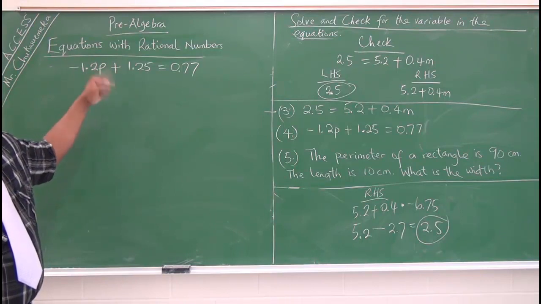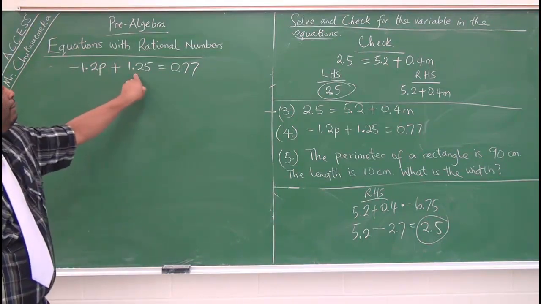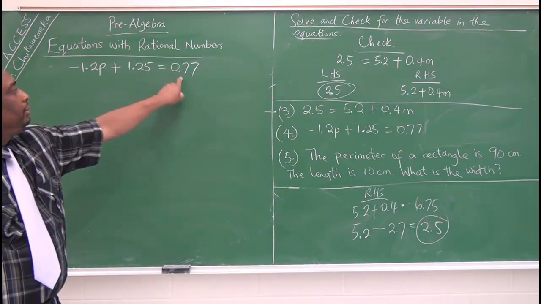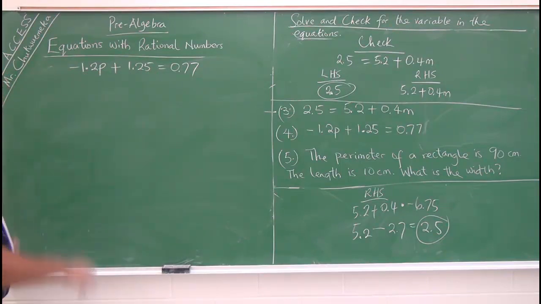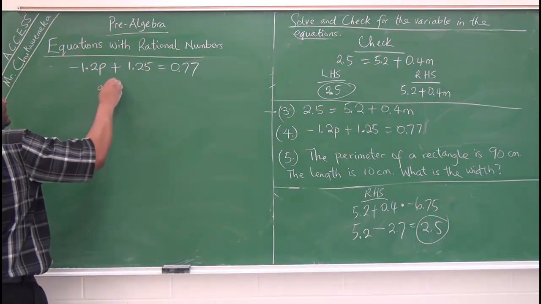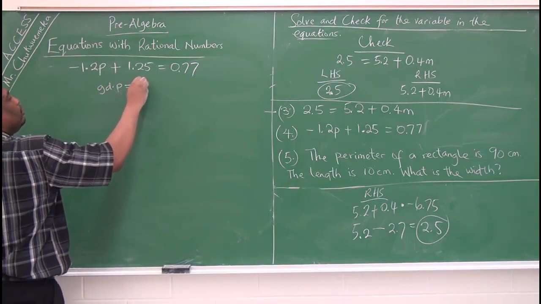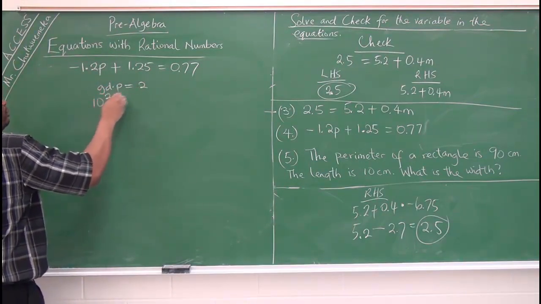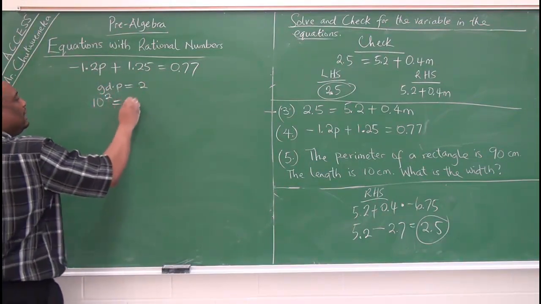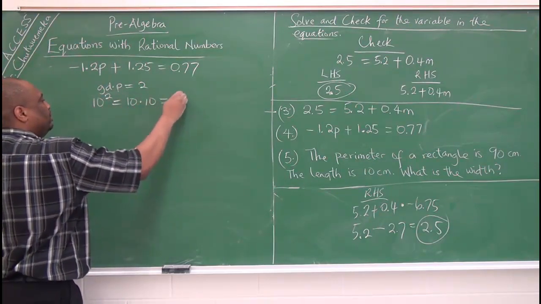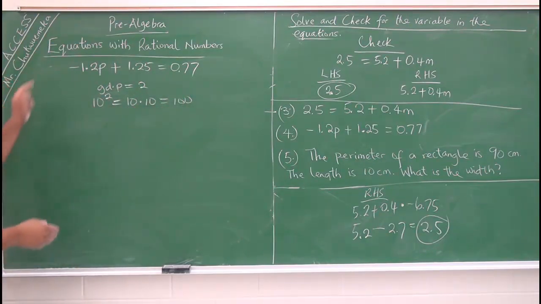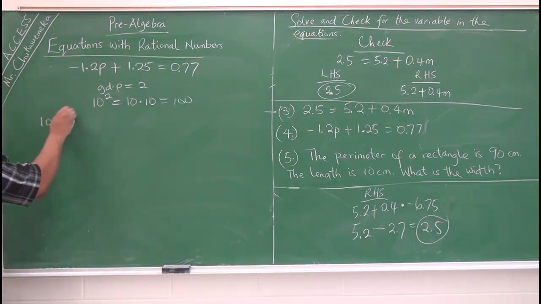Okay, don't count p, p is a variable. How many decimal places here? 2. So the greatest decimal place is 2. Now 10 raised to power 2 is 10 times 10, which is 100. So you now use 100 to multiply both sides.